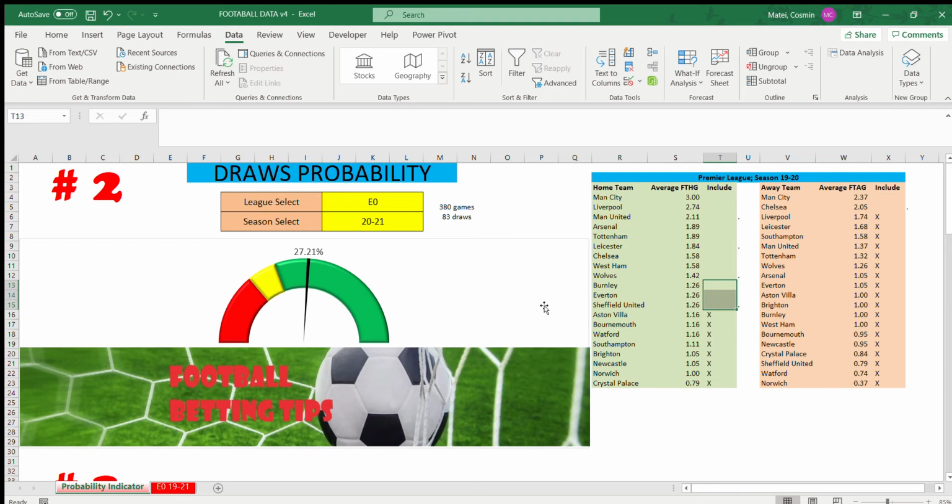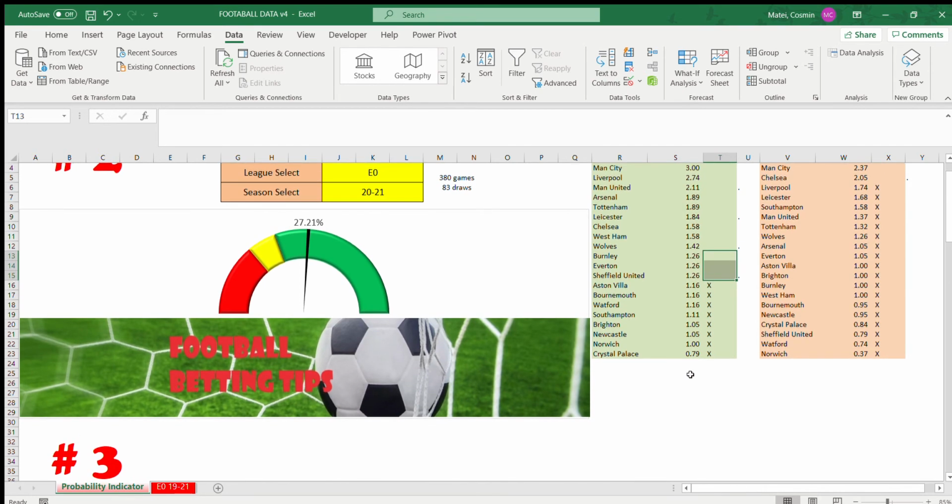So just by using this strategy and excluding teams that have scored many goals in the past from your draw bets, we have increased from 22, which was in the red, to 27% probability of a draw outcome. This is the first strategy, so feel free to use it and to look at this way of betting on draws.